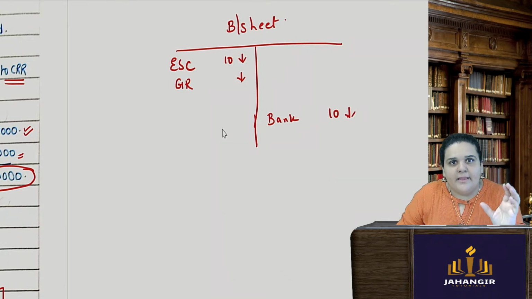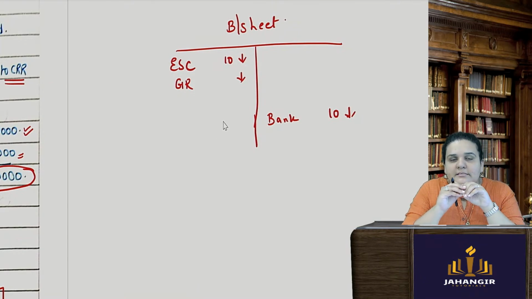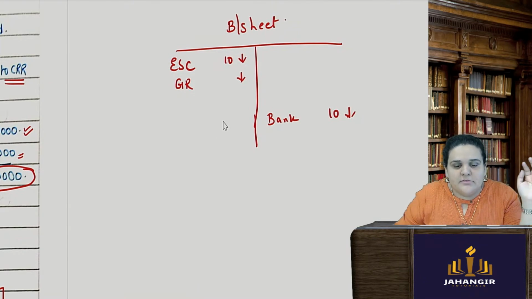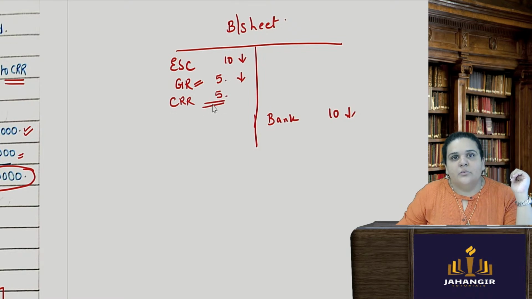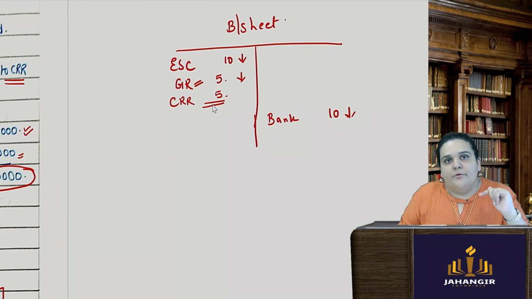So therefore I make one account in which there is actually no money. This is just for the purpose of showing that a redemption of the capital was done by using the reserves. So to the extent of reserves which I have used, I will create another account known as the capital redemption reserve account. Actually there is no money in this CRR.